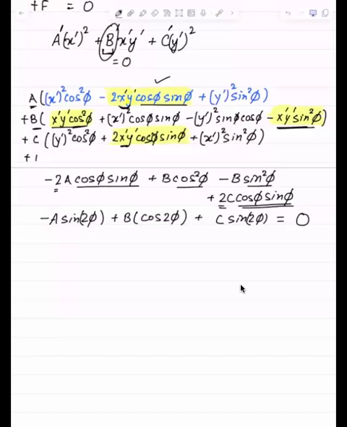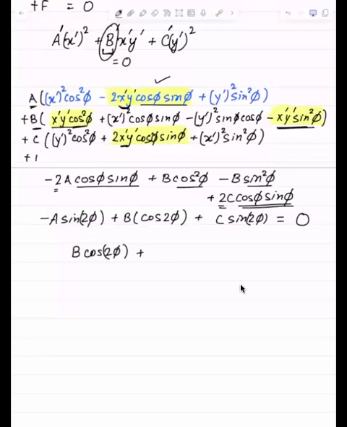What is going on here? Let's add the a sine 2 phi to the other side. Let's keep the b alone on this side.